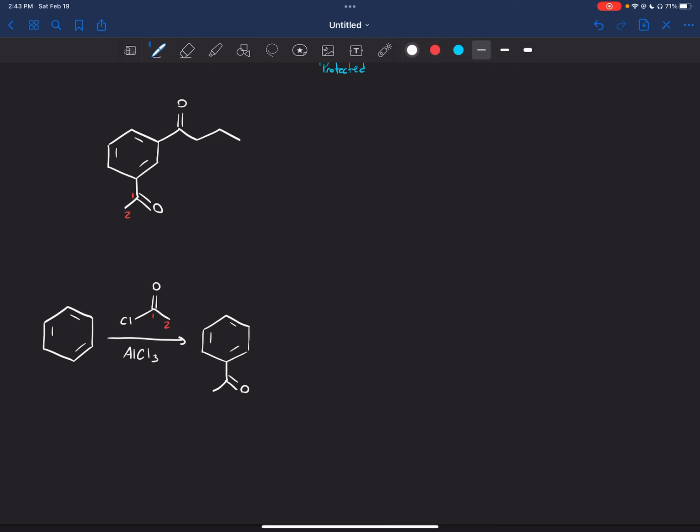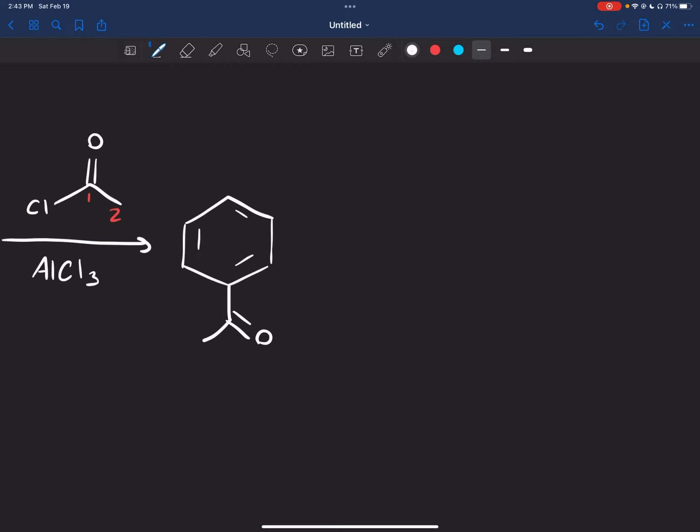Well, the way we do it in normal synthesis to add carbon chains is we need an organolithium compound. And what we usually had before that is a bromine. So let's add a bromine, which is something we can do even if the ring is deactivated. And that's going to put that Br in the meta position.